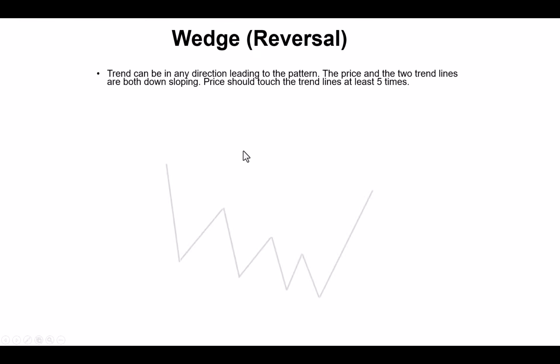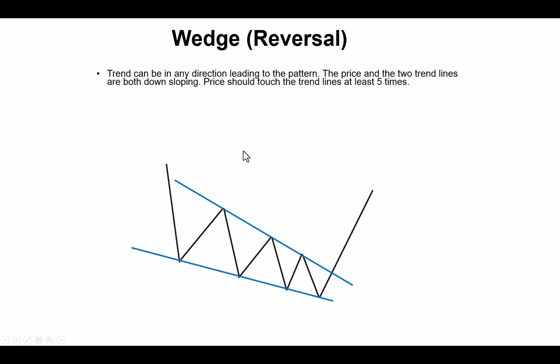Moving on to wedges. Rising wedges and declining wedges. And they are always reversal patterns. Always reversal patterns. So what are the rules? Well, first of all, again, the trend can be in any direction leading to the pattern. The price and the two trend lines are both downward sloping or upward sloping, but not like triangles and not like symmetrical triangles.